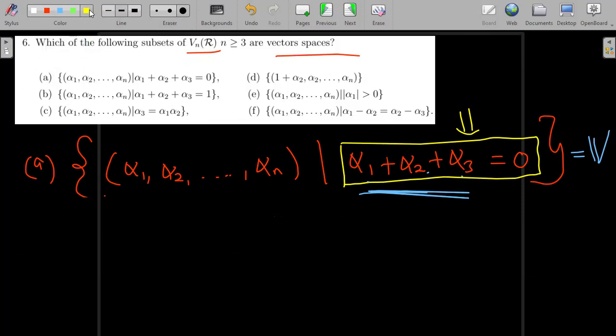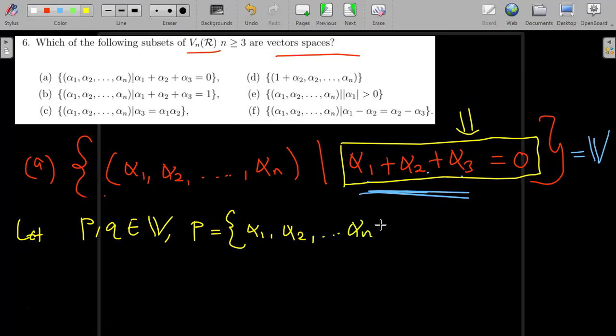So for scalar multiplication, let 2 vectors P and Q be members of this space. Then what does it mean? P is equal to alpha 1, comma, alpha 2, all the way to alpha n.